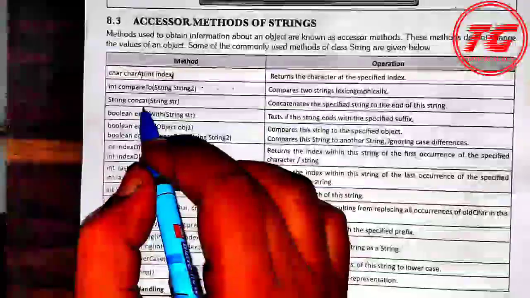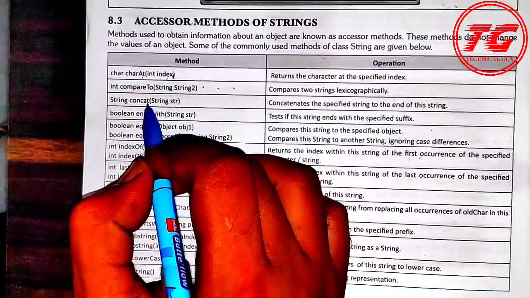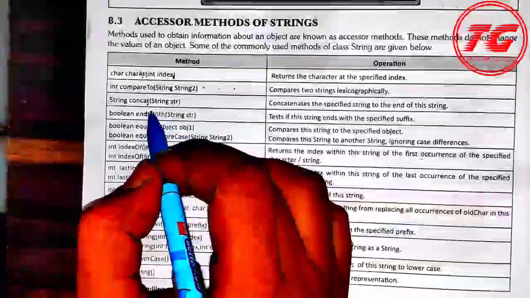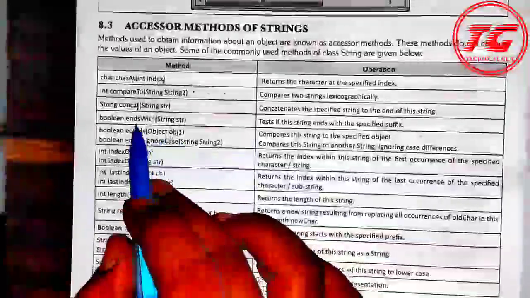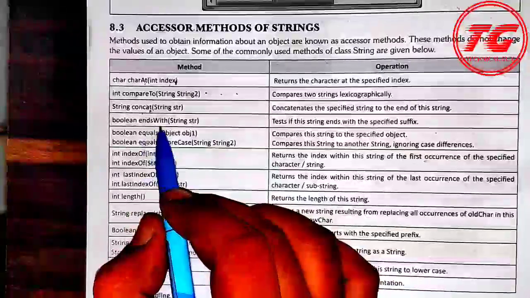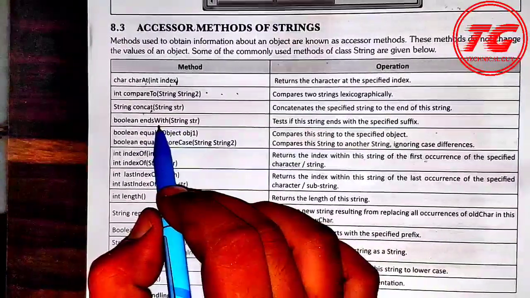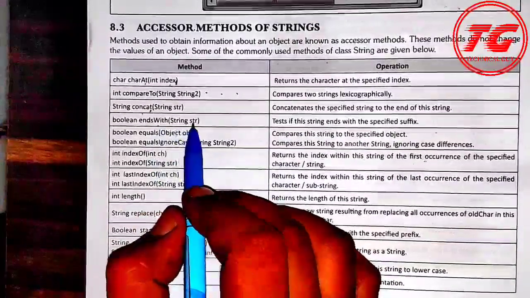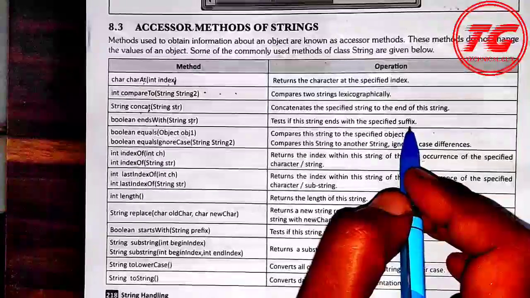Next we have the concat method. This method is used to concatenate or join two strings in the same way as we did with the plus sign. As the plus sign is used to combine two strings, in the same way you can use the concat method to join two strings. Here we have the endsWith method, and this method is used to test whether this string ends with a particular suffix or not.